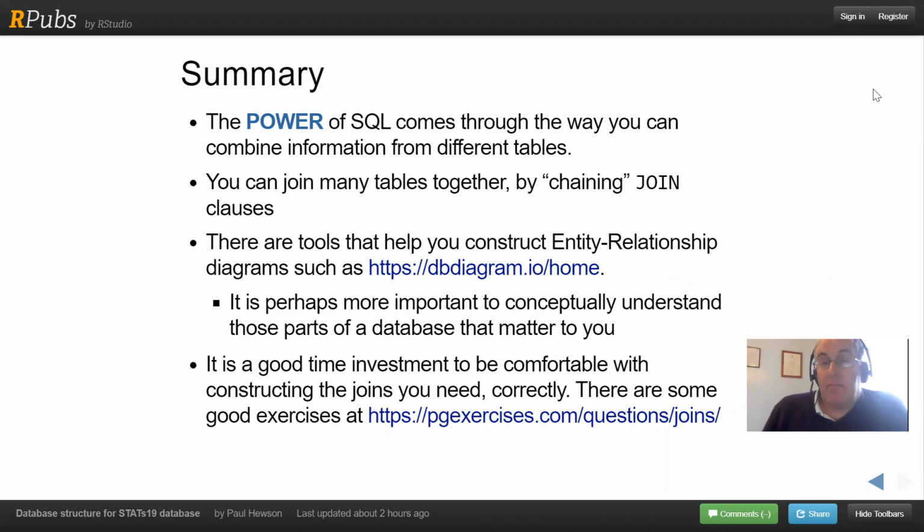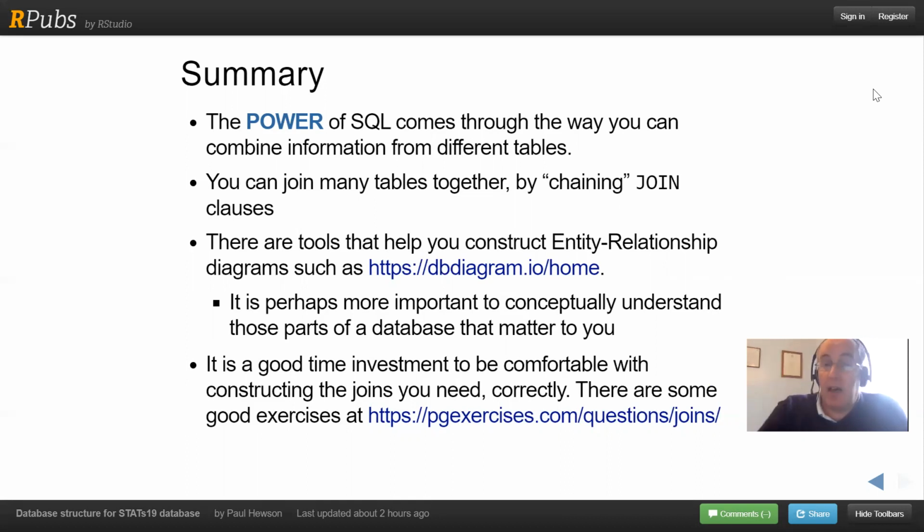And just because we've looked at joining one table to another, it's worth pointing out you can chain join clauses. So you can left join another table, left join yet another table. You can build these up as much as you want. If you want to make professional looking entity relationship diagrams, there are tools that help you do that.